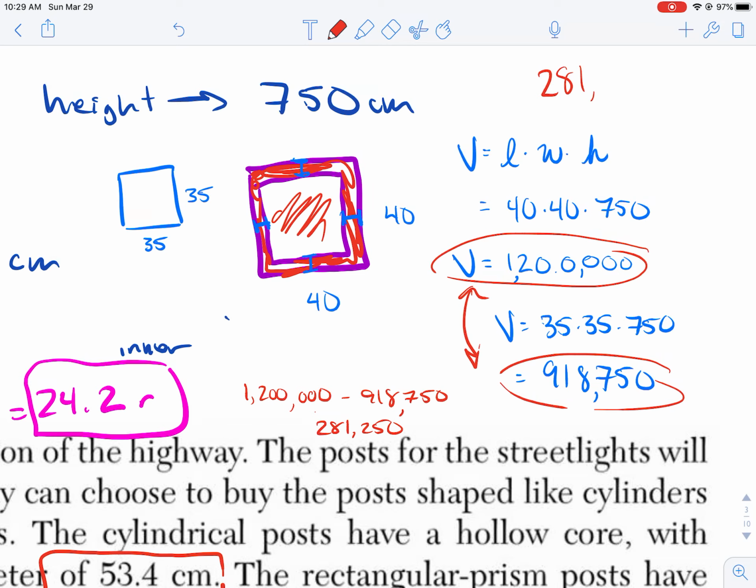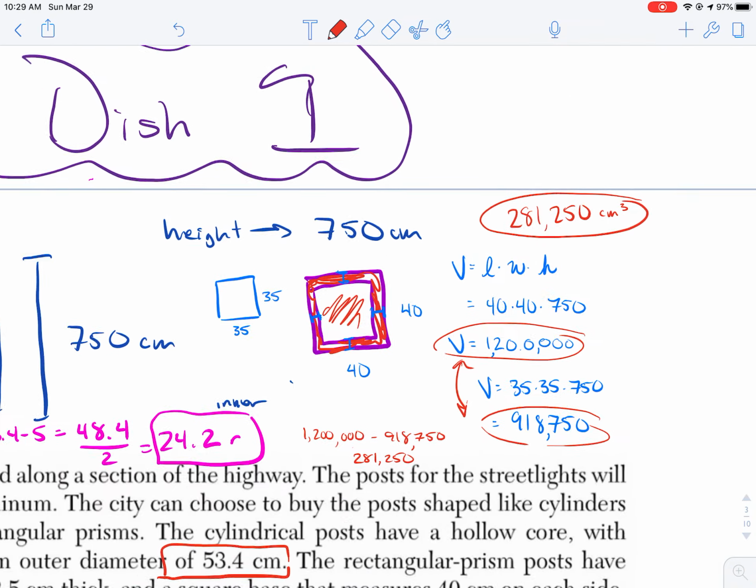So, the volume of this rectangular prism, this post, is that right there. Okay?